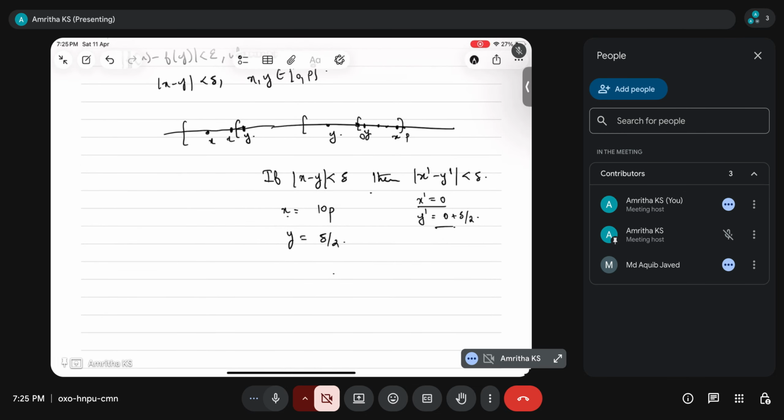Can you please repeat? Suppose x equals x dash plus mp, and y equals y dash plus mp.